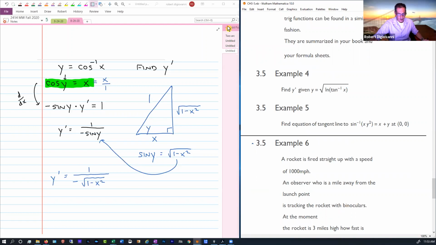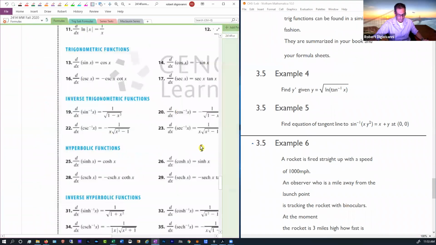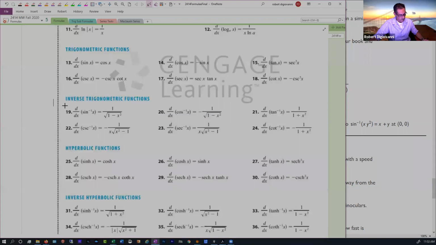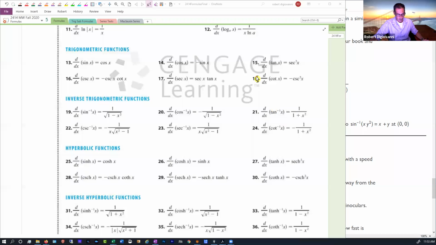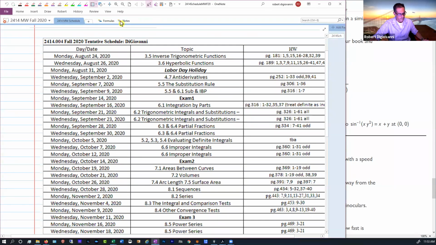So let's start a new page. And I think for the sake of making this a little easier, I'm going to grab all these formulas, drop them into our page. Oh, wrong button.